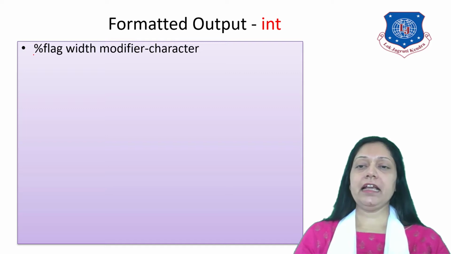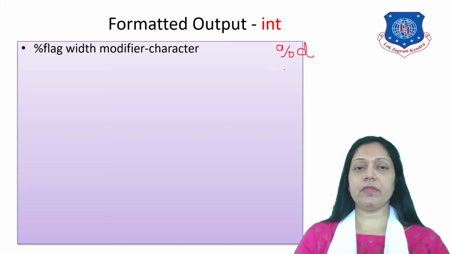Normally for displaying an integer value, we write printf, and in printf the format specifier that we use is %d. But when we want to apply formatted input output operations, we use it in a different form. We use two new things, flag and width, along with the modifier character.